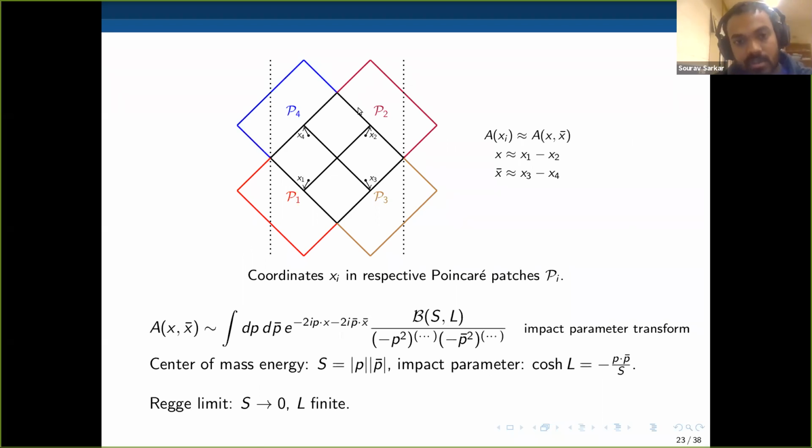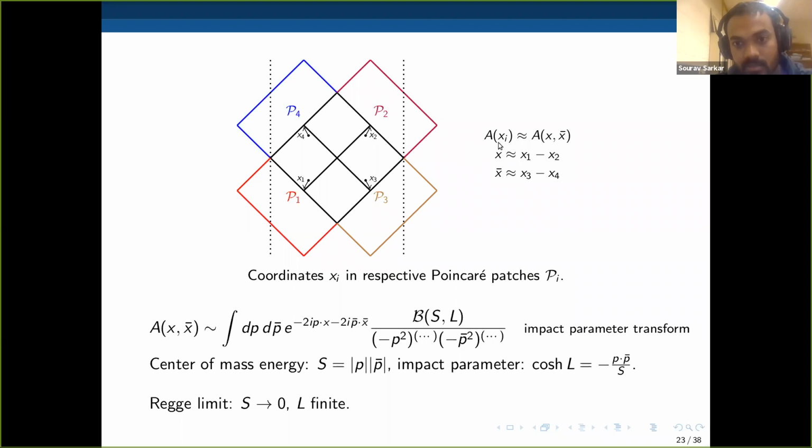But what we'll do is parameterize the points in a different way, because this allows us to go to the impact parameter representation more easily. So we'll parameterize each point with these Poincare patch coordinates, and in the Regge limit, each operator will go to the center of its own Poincare patch in the longitudinal directions.